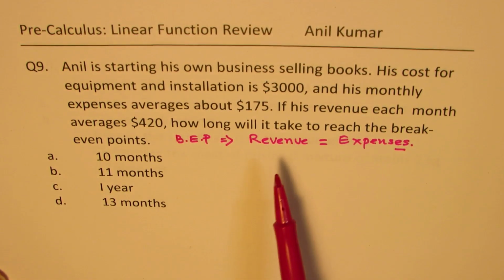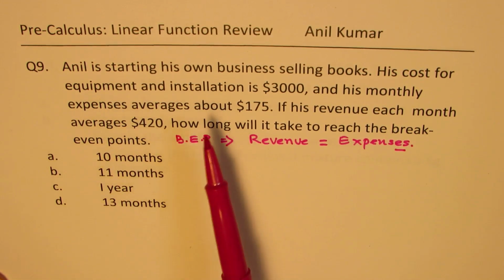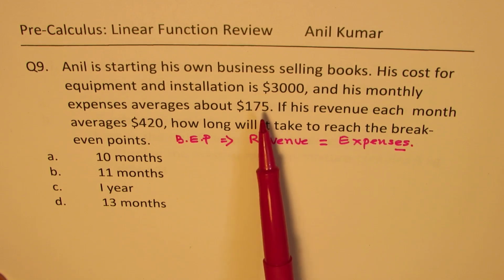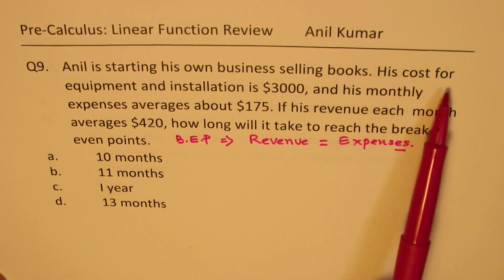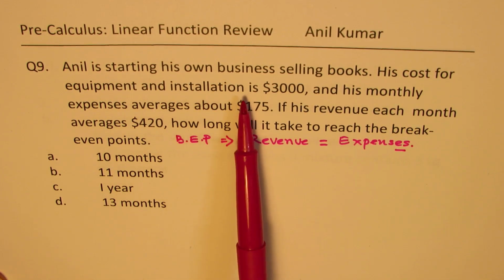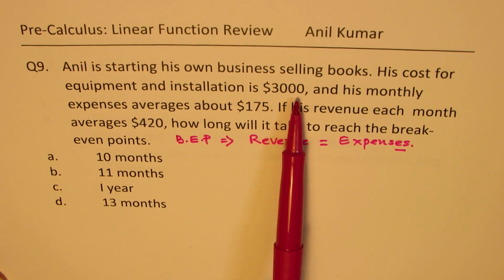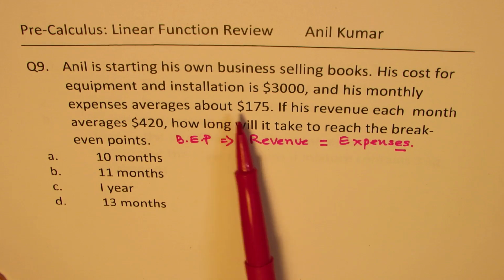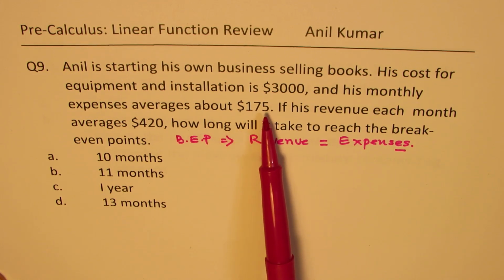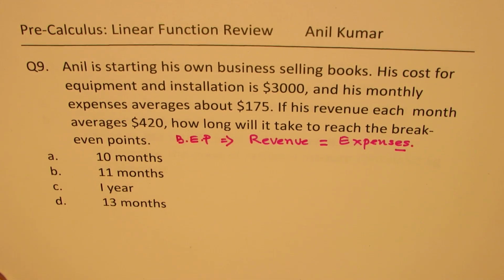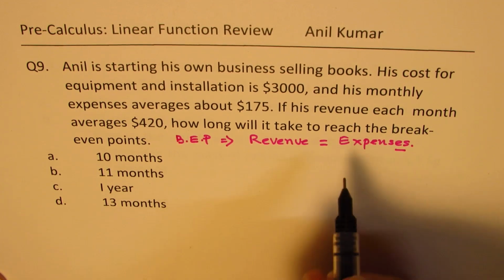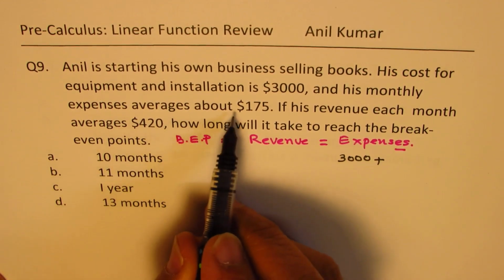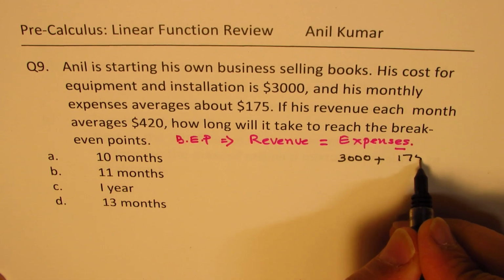Now in our case, we have two types of expenses. One is the fixed cost and one is the running cost, right? His cost for equipment and installation is $3,000, that is fixed. And his monthly expenses average about $175, right? So as far as the expenses are concerned, we have $3,000, which is fixed, plus $175 per month.